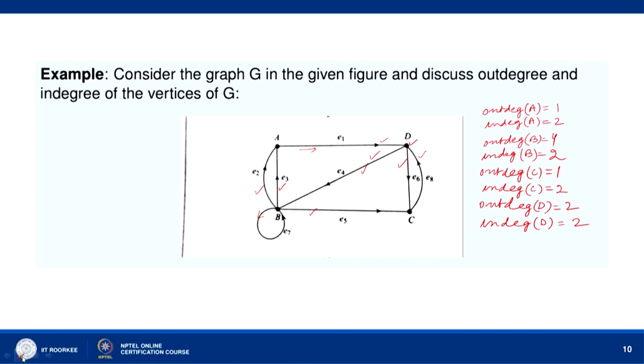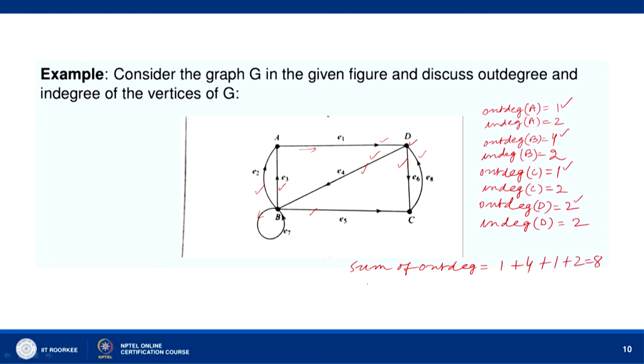Now, let us find the sum of out degrees. The sum of out degrees is 1, 4, 1, 2. So, 1 plus 4 plus 1 plus 2, that is 8.